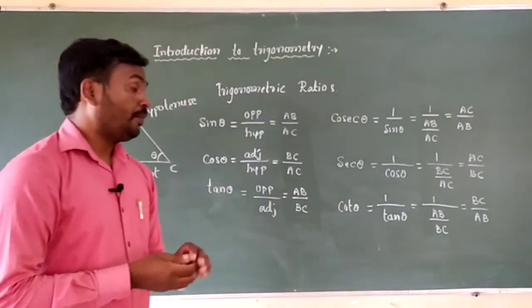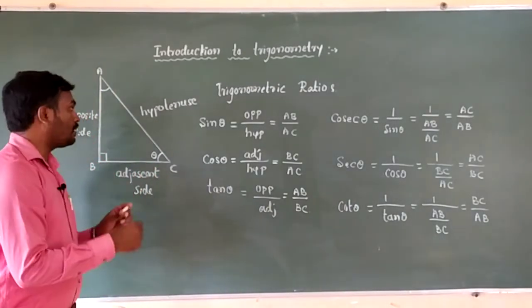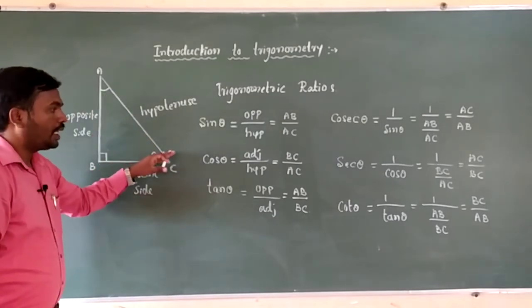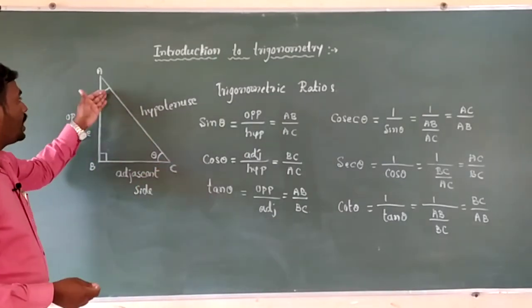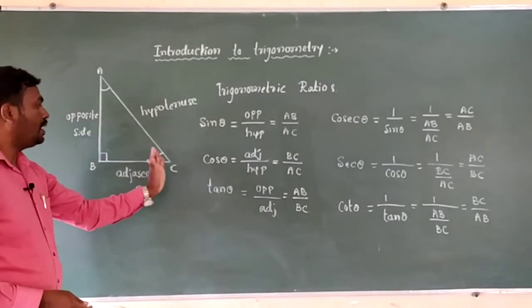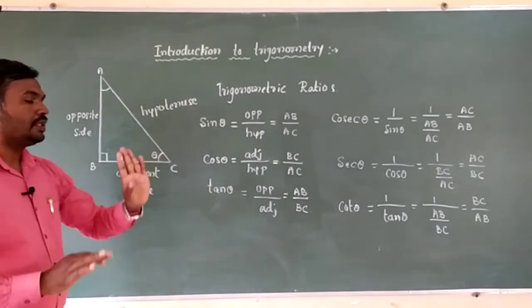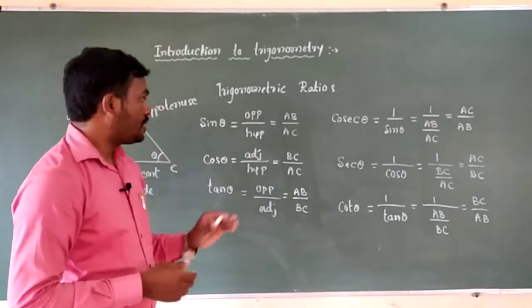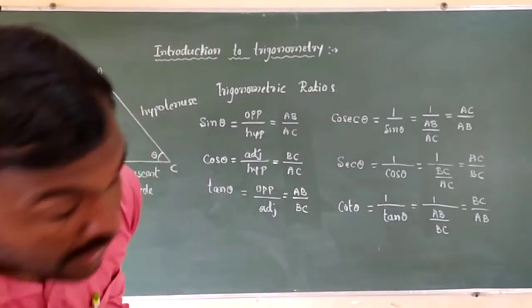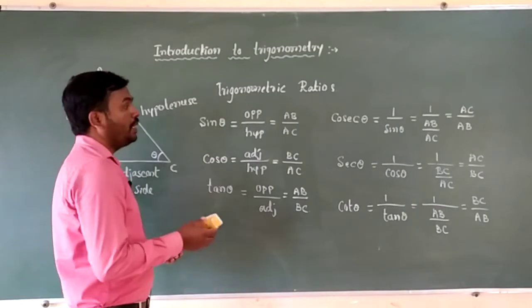In this way, we can write all the 6 trigonometric ratios with reference to acute angle A or acute angle C. If we take A, then the sides change opposite and adjacent. If we take C, then the sides change adjacent and opposite. Hypotenuse always remains the same. So these are the 6 trigonometric ratios we can write by using the triangle ABC with right angle at B.